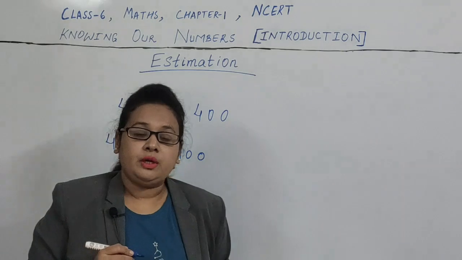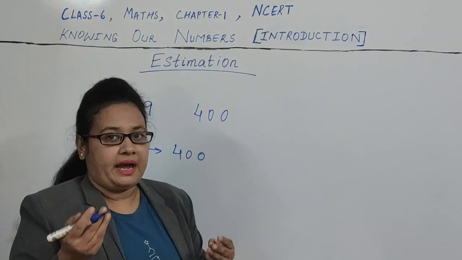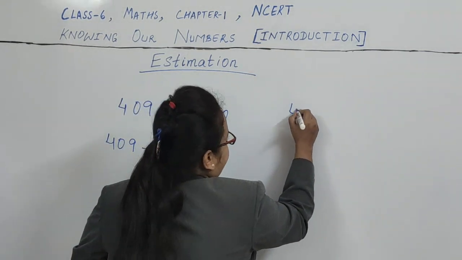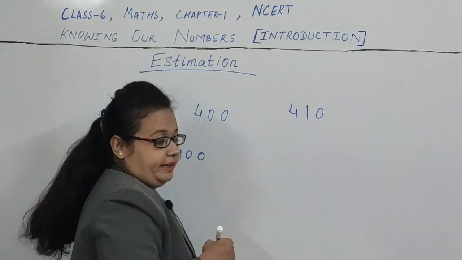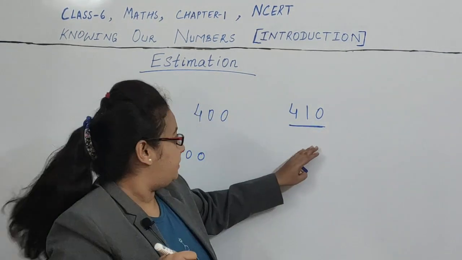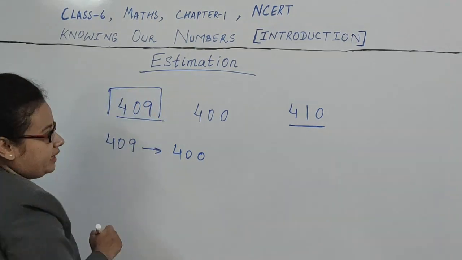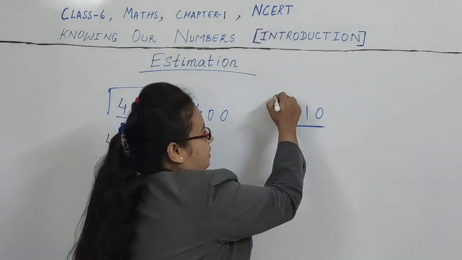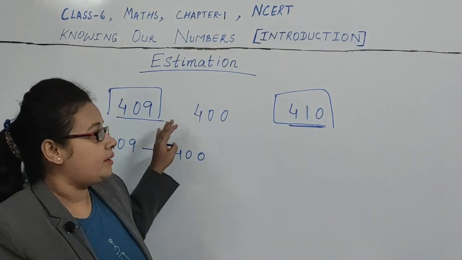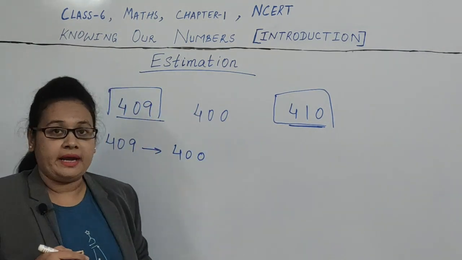Now you reach the shop, you see many items and you select a gift which costs rupees 410. The price of the gift is 410, but you have only 409. So you thought that you cannot buy the gift because it is 410 and you have 409 rupees.